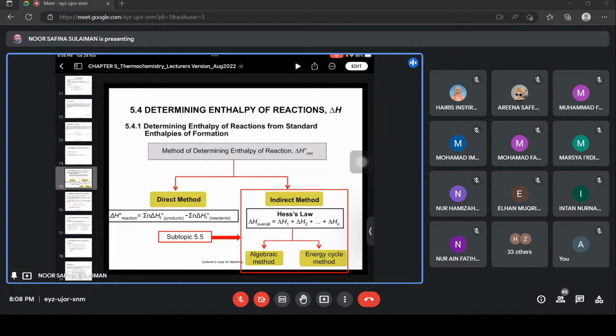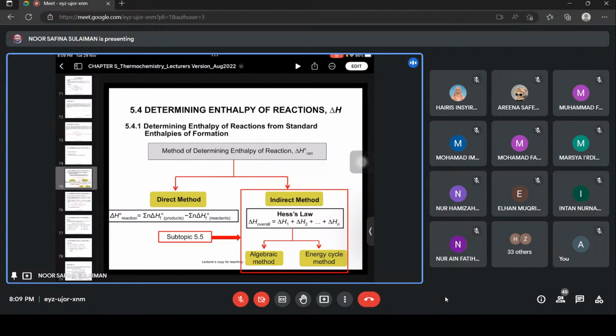And then for indirect method, we have Hess law. Hess law, kita nak tahu delta H overall, kita tambahkan all the enthalpy. For example, you kata ada A plus B form C and D. Actually you punya reaction bukanlah simply A react dengan B to form C and D. Sebenarnya dia akan undergo a few steps or a few reactions in order to form the final product.